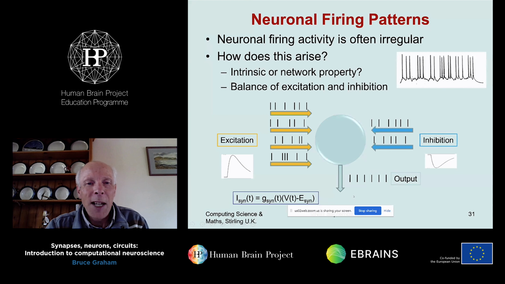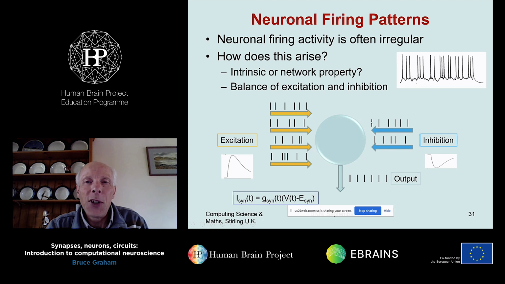So I should explain that an input from a neuron is excitatory if the postsynaptic current drives the membrane potential upwards towards the action potential threshold. That depends on the reversal potential here. So excitatory synapses tend to have a reversal potential of around 0 millivolts.